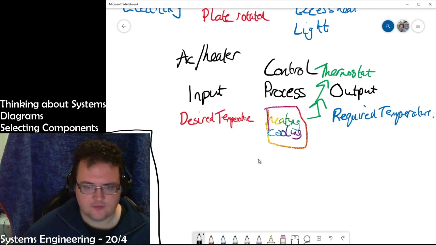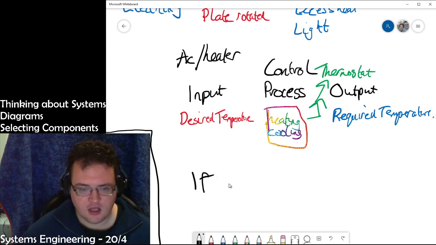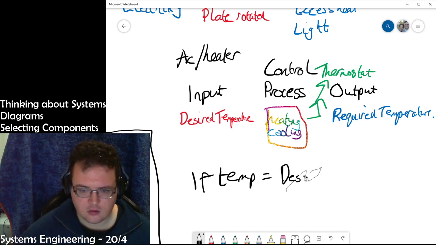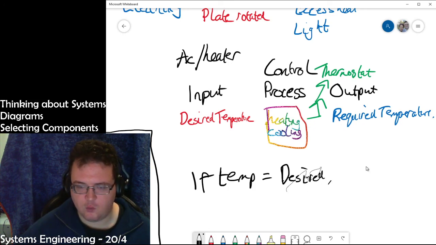So if the temperature equals the desired temperature, then will it keep going?